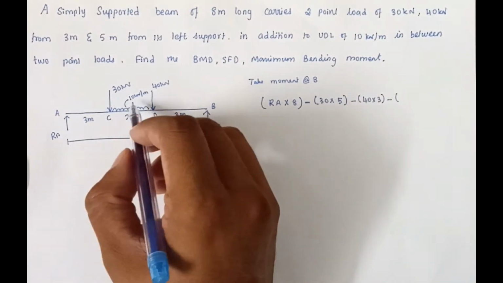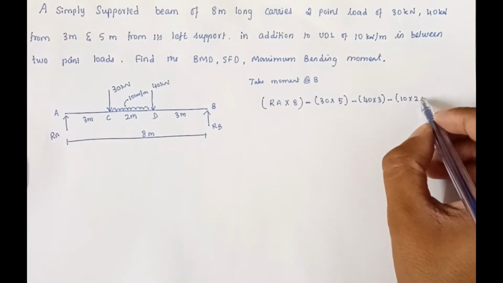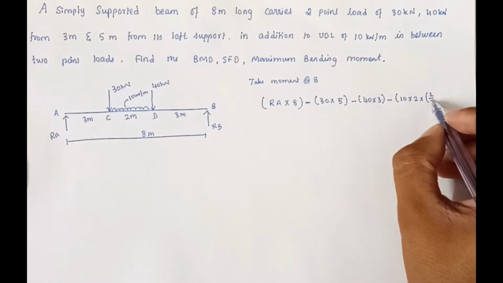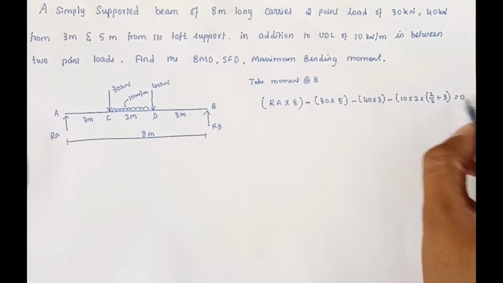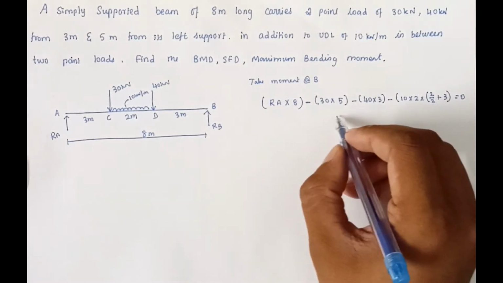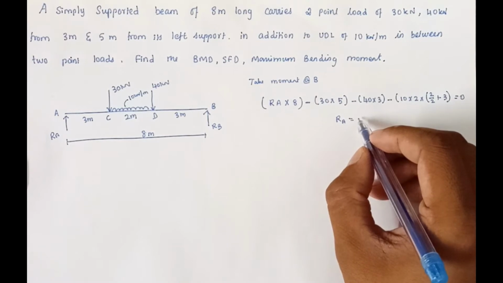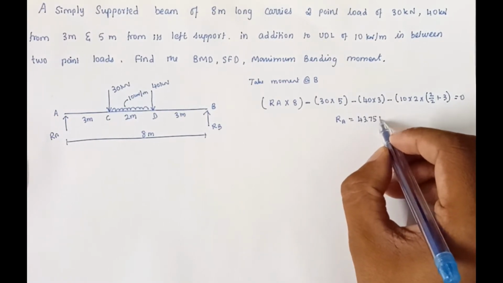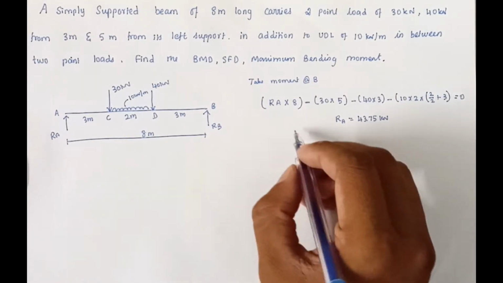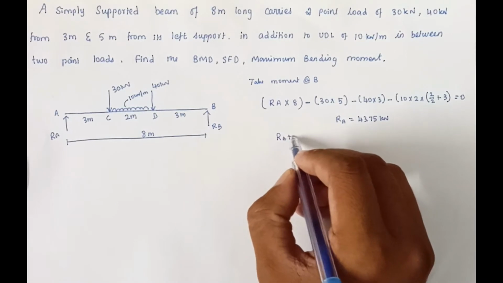Minus, again we have UDL, so 10 into 2 into distance by 2, so 2 by 2 plus this 3 meter, equal to 0. So solving this formula, we can get RA equal to 43.75 kilonewton.